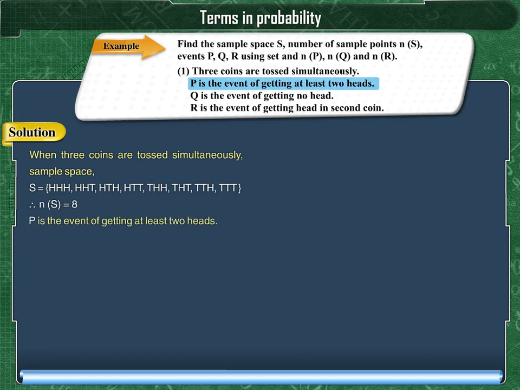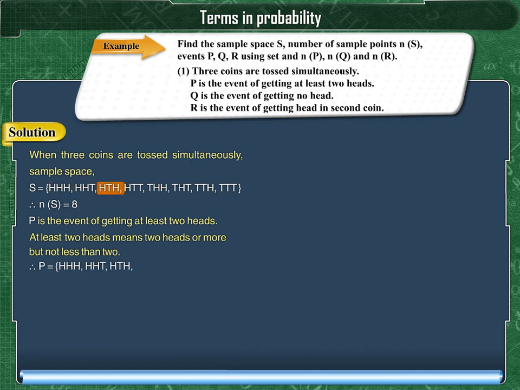P is the event of getting at least 2 heads. At least 2 heads means 2 heads or more, but not less than 2. From the sample space, we shall select the sample points which have 2 or more heads. Therefore, set P contains elements HHH, HHT, HTH, and THH. Therefore, n(P) is 4.